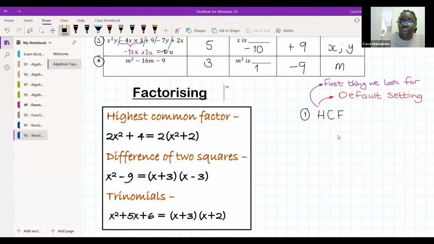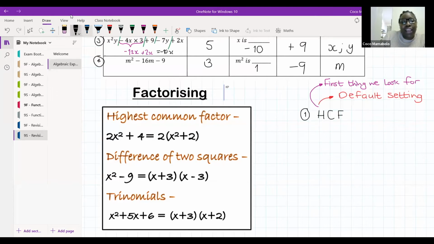When we are factorizing, what is our default setting? Thank you, Emmanuel and Tammy. Excellent. Oratilwe. That's it, Khomotso. Always the HCF, the highest common factor. Beautiful stuff, guys. That's our default setting.